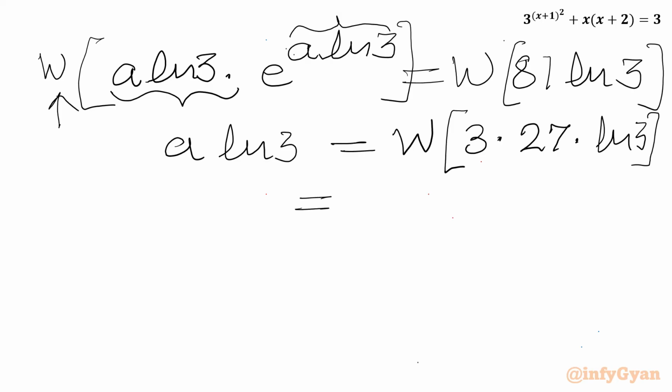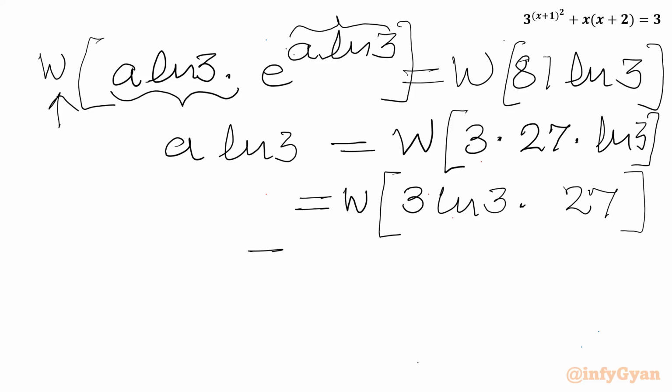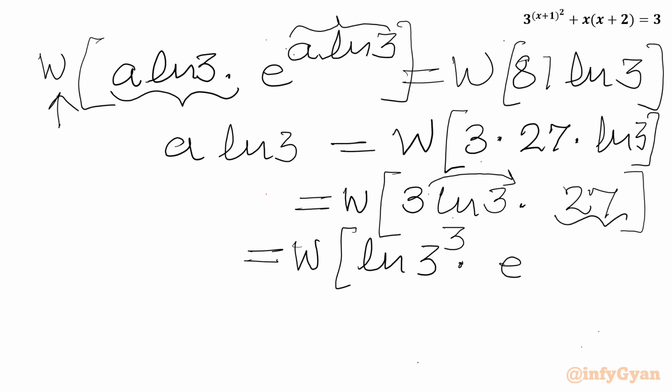So I will be writing the Lambert W function of 3 ln 3 times 27. This 3 I will take as an exponent of 3, so it will become ln 3 power 3. And 27 I can write as e raised to the power ln 27.